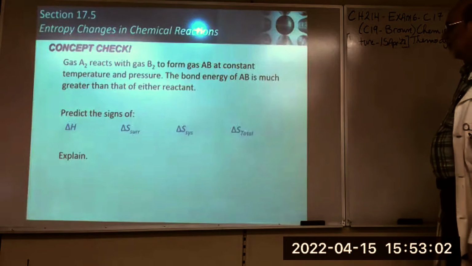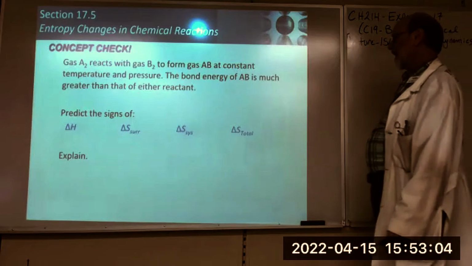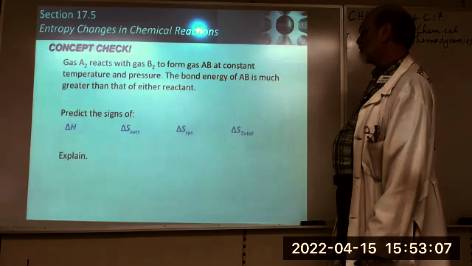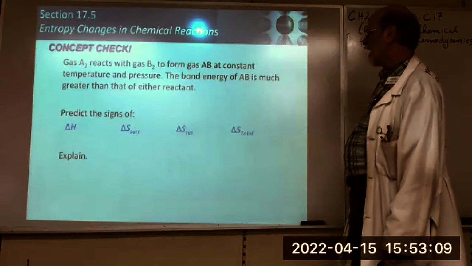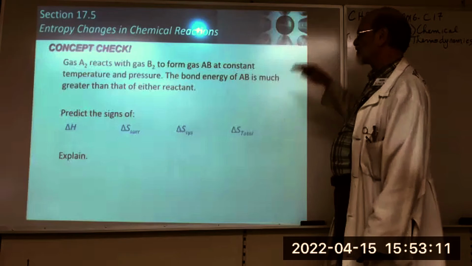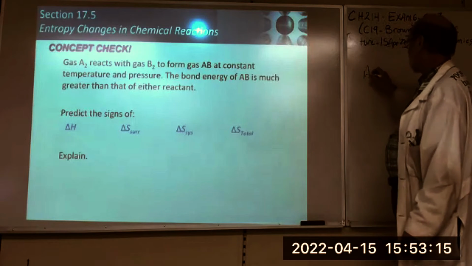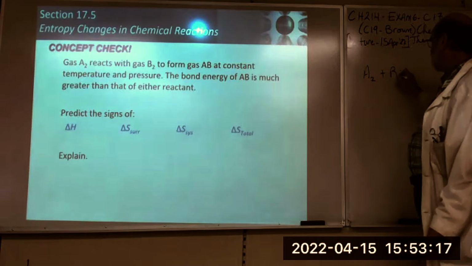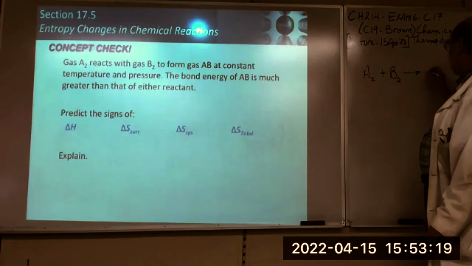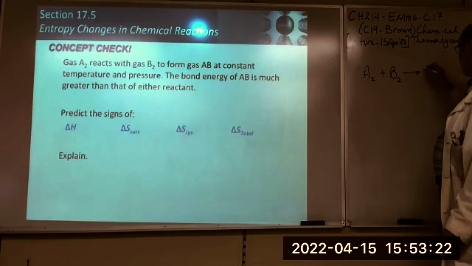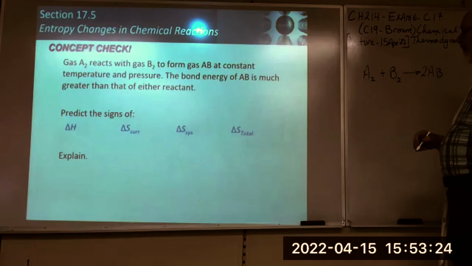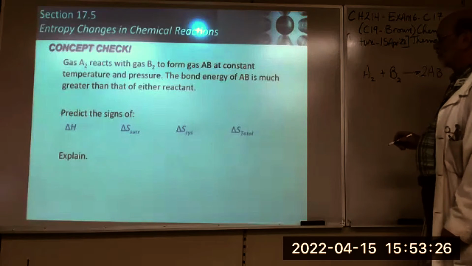All right. So let's see. Gas A reacts with gas B to form gas AB at constant temperature and pressure.